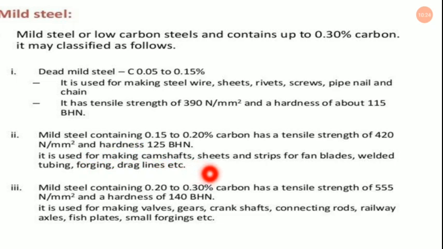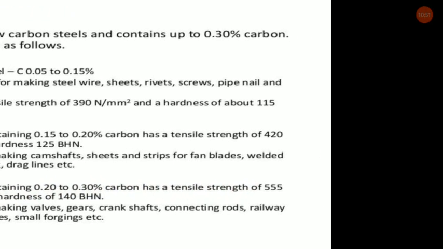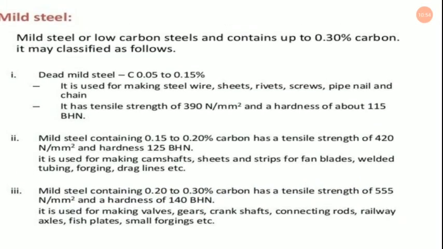It is used for making camshafts, sheets and strips for fan blades, welded tubing, forgings, drag lines, etc. Mild steel containing 0.2 to 0.3% carbon has a tensile strength of 555 Newton per millimeter square and a hardness of 140 BHN. It is used for making valves, gears, crankshafts, connecting rods, railway axles, fish plates and small forgings.